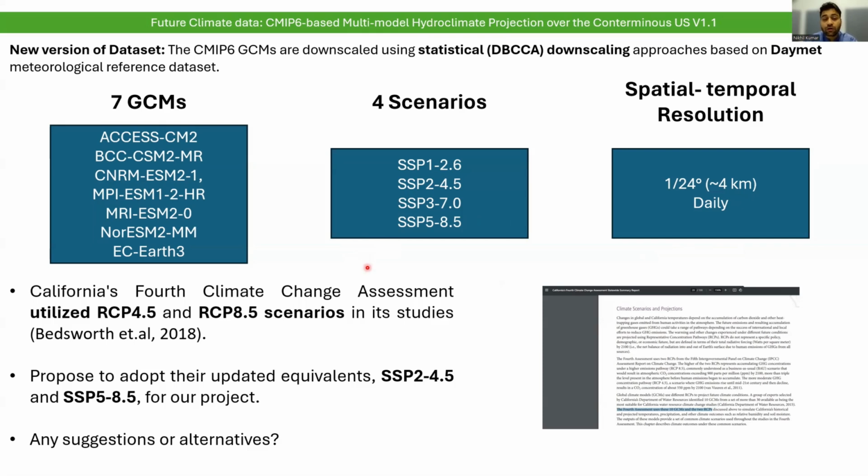It is proposed because California's Fourth Climate Change Assessment report also utilized RCP 4.5 and RCP 8.5 scenarios in its studies. And if there are any suggestions and alternatives on this, I will really appreciate that.